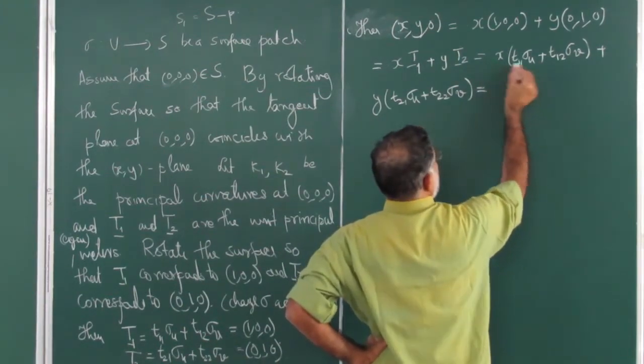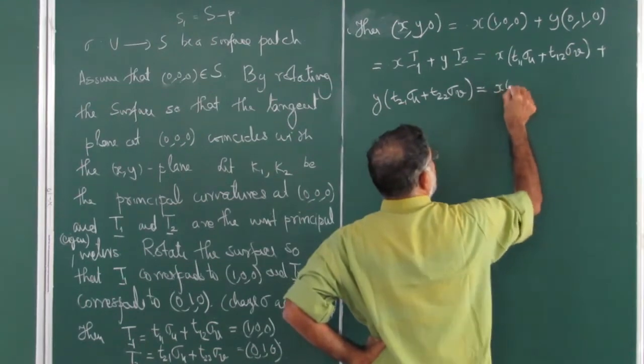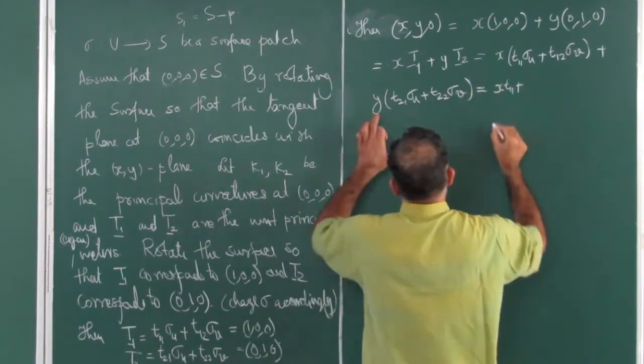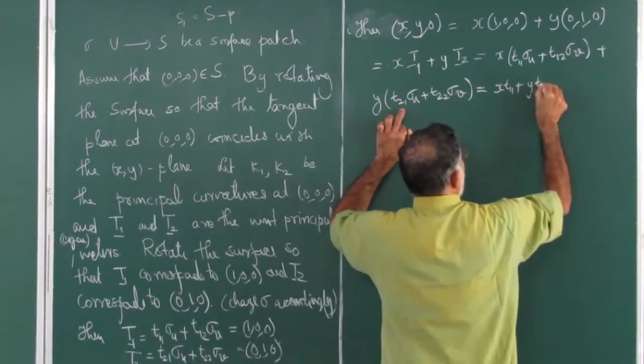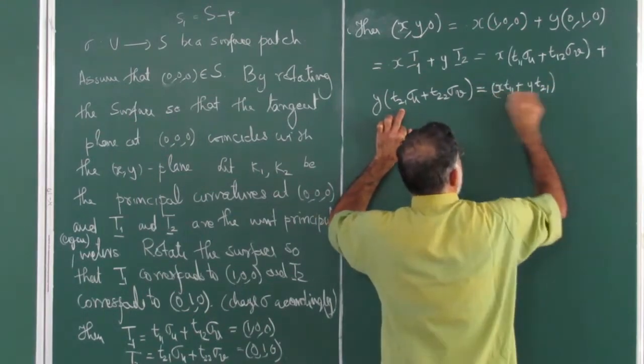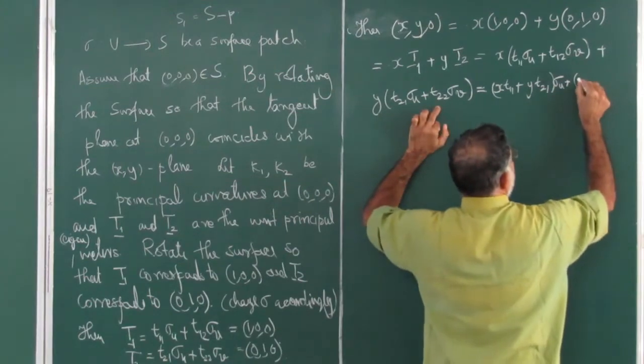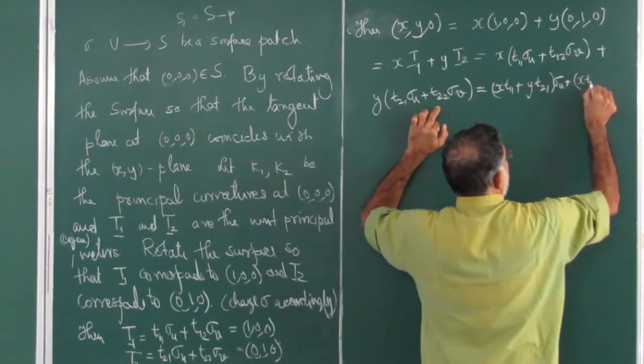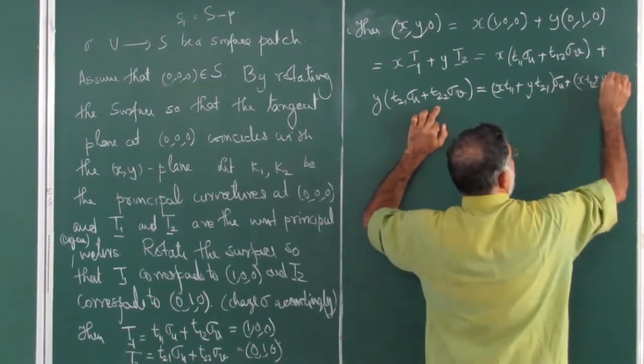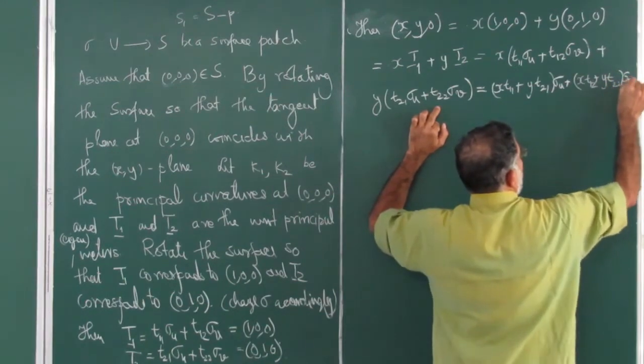So what is the coefficient of sigma u? x t11 plus y t21 sigma u plus x t12 plus y t22 sigma v.